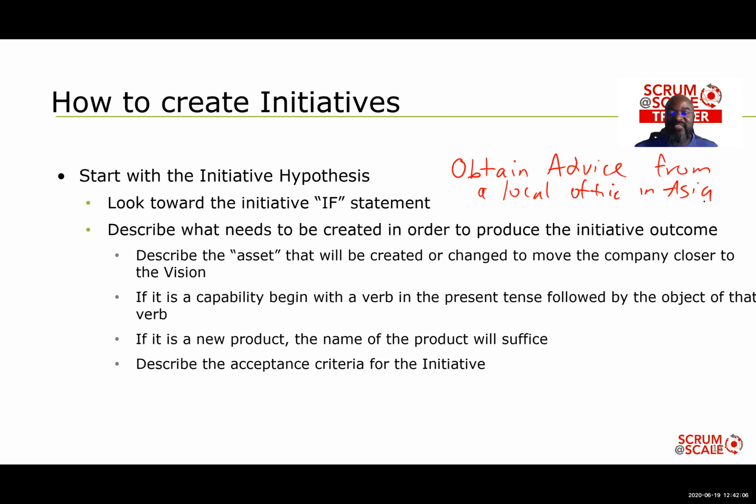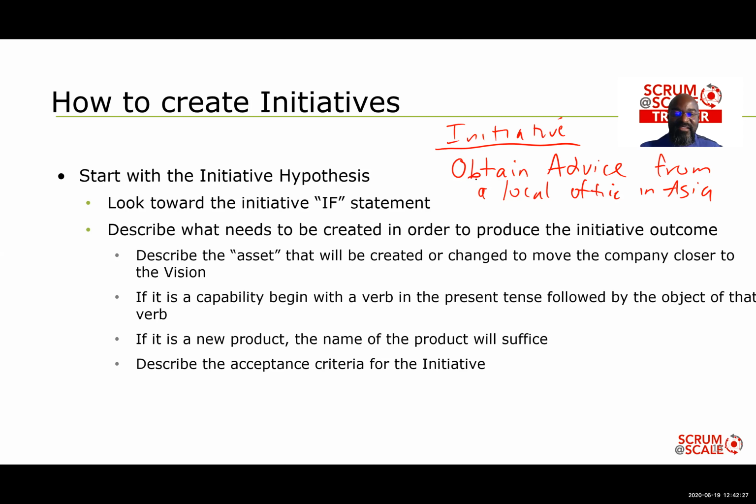So now I have an initiative fully formed from my initiative hypothesis, right? And again, I've used this format where I have a verb in the present tense followed by a noun.